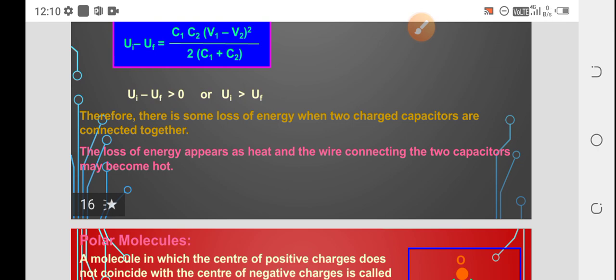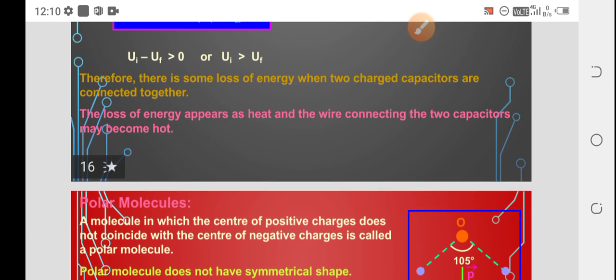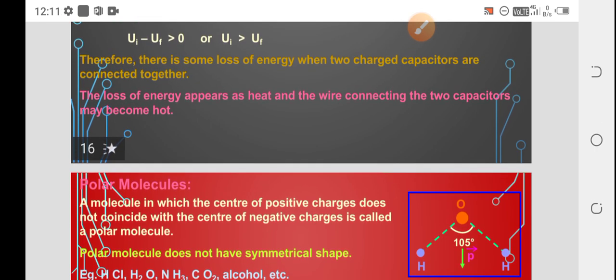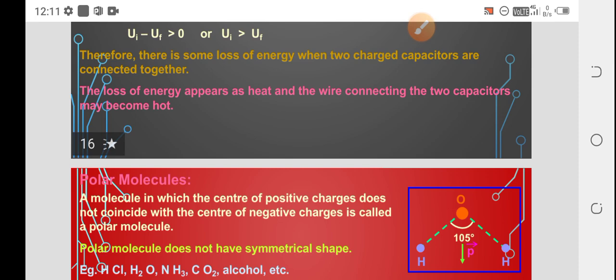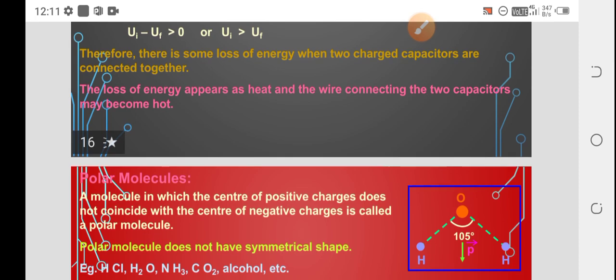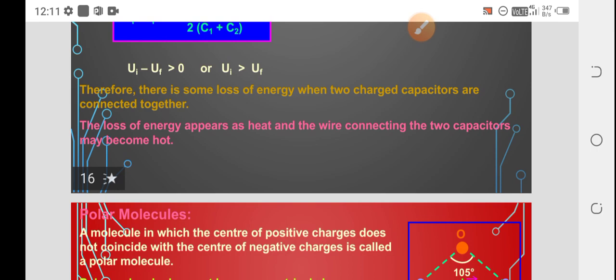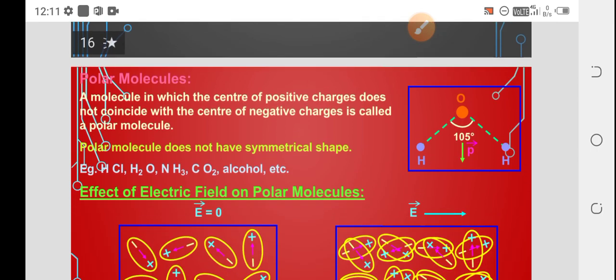Therefore, there is some loss of energy when two charged capacitors are connected together. The loss of energy appears as heat, and the capacitors may become hot while connecting. So when you connect two capacitors, you might get some heat, and this heat indicates the loss of energy.